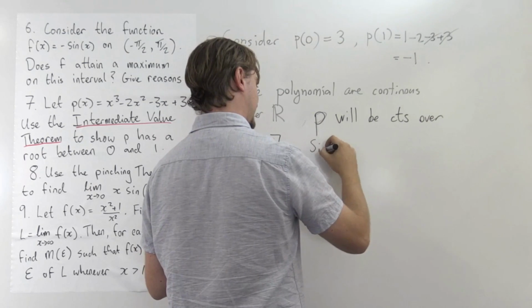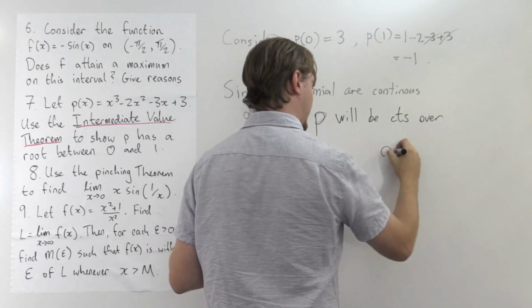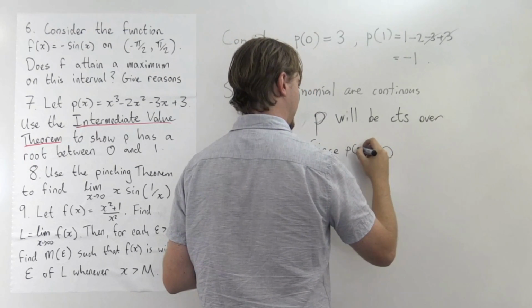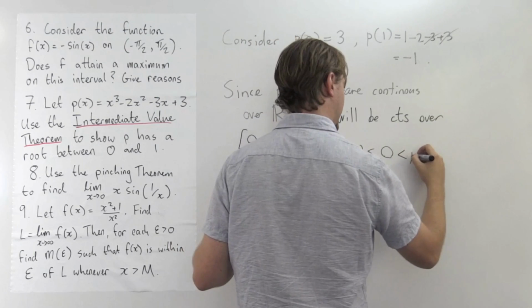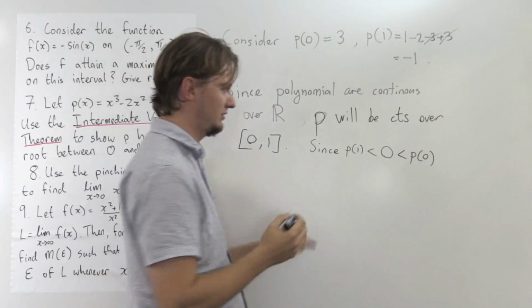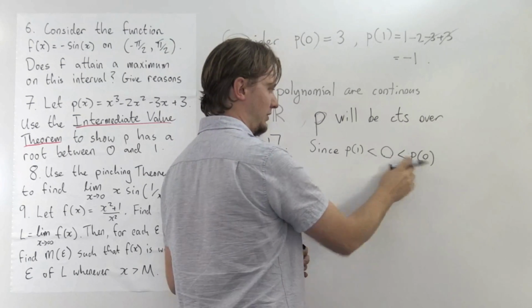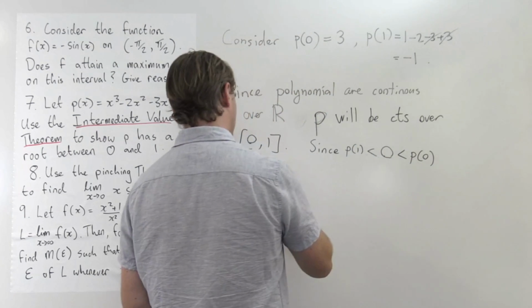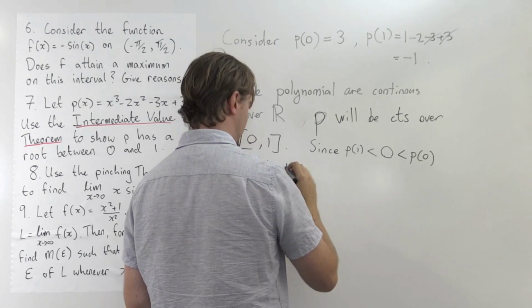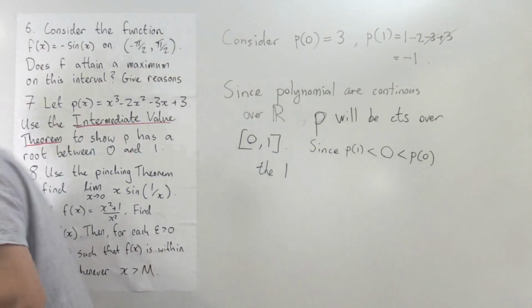So I'll also say it this way, that since 0 is between P of 1 and P of 0. Actually there's a much nicer way to write that up.